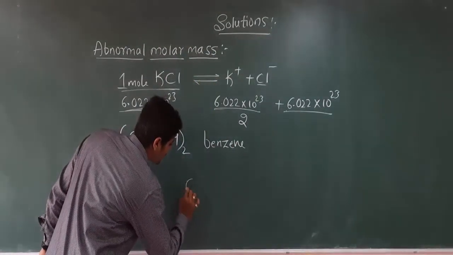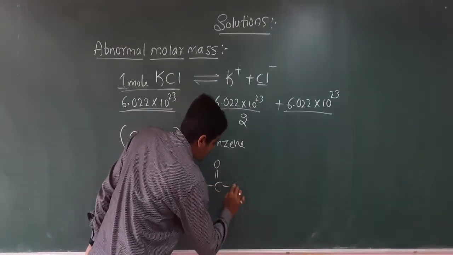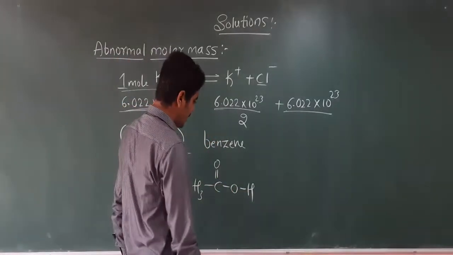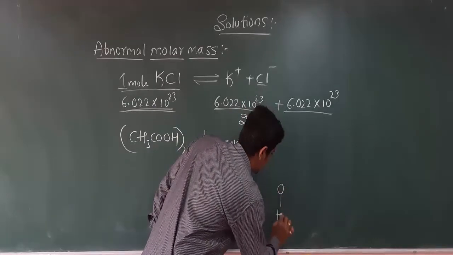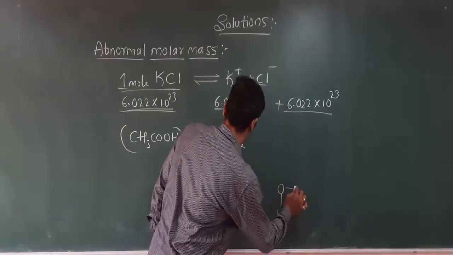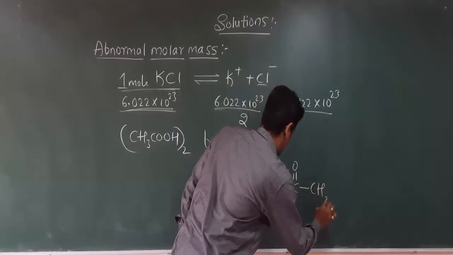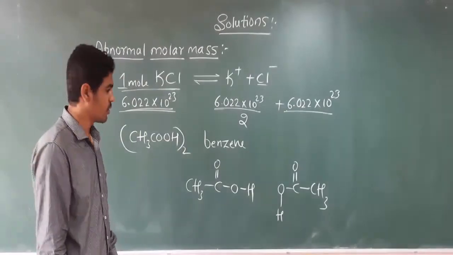This can be represented as CH3, C double bond O, OH. I will take another molecule, that is O, H, C double bond O, CH3. These are two acetic acid molecules.